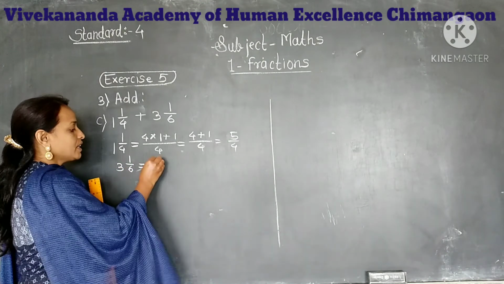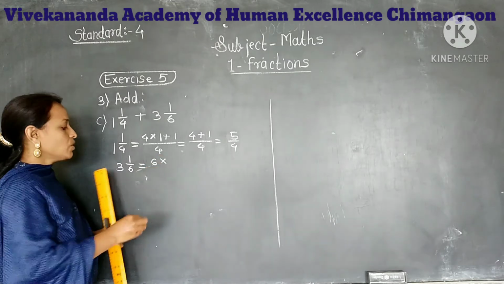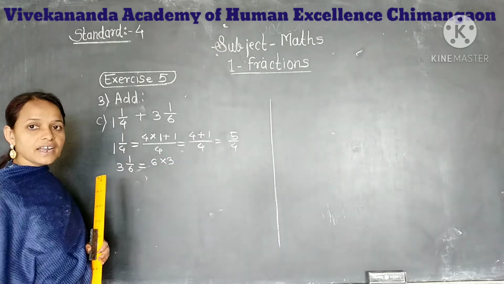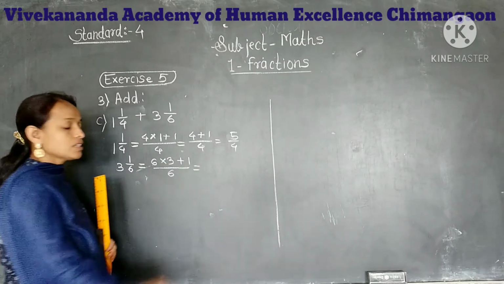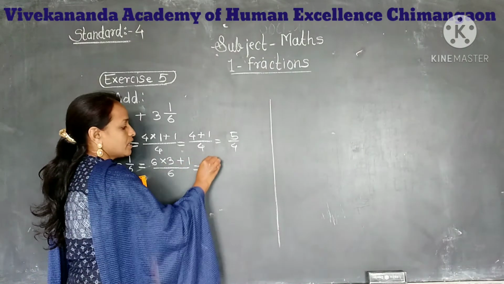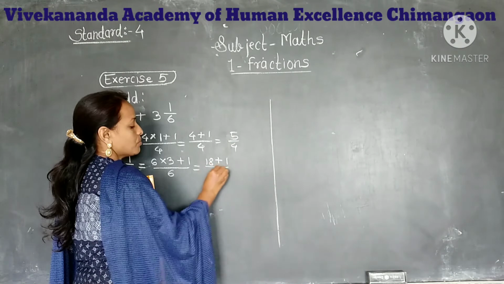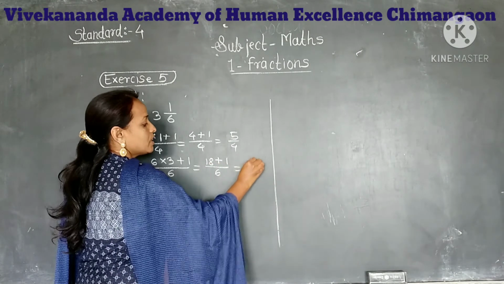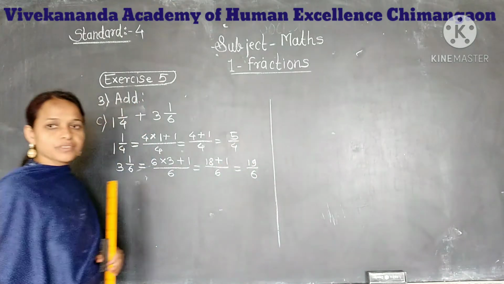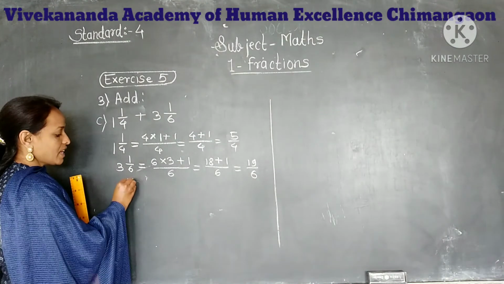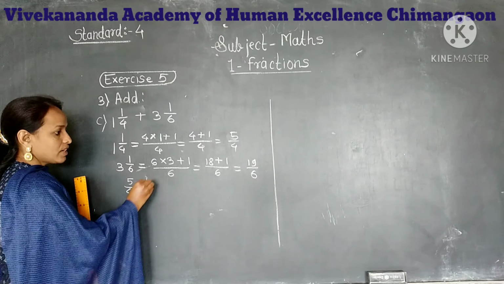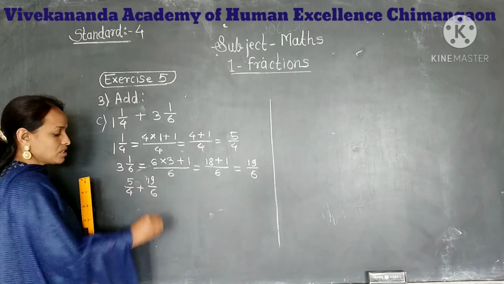So multiply denominator 6 with the whole number 3 and add numerator 1 upon 6. 6 3s are 18 plus 1 upon 6, we get 19 upon 6. See student, here we converted mixed fractions into improper fractions as 5 upon 4 and 19 upon 6.